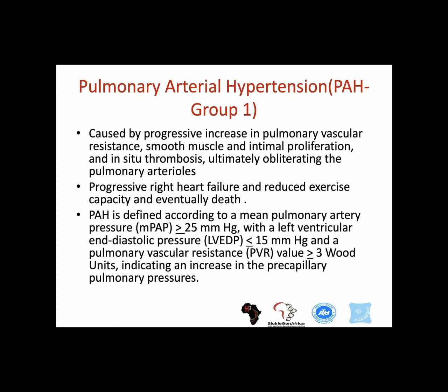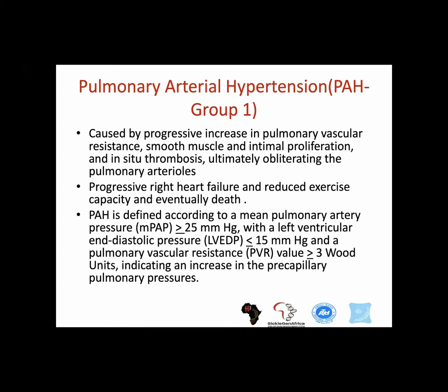It is characteristically precapillary, and therefore they have an increase in the mean pulmonary artery pressure, but they have normal pulmonary capillary wedge pressure, which is normal in them. And they also have increased pulmonary vascular resistance. So when you have these characteristics, mainly described on right heart catheterization, you can classify patients with pre-capillary pulmonary hypertension.